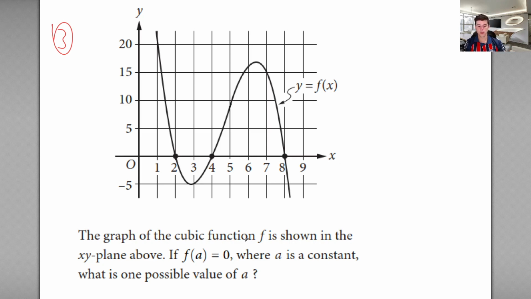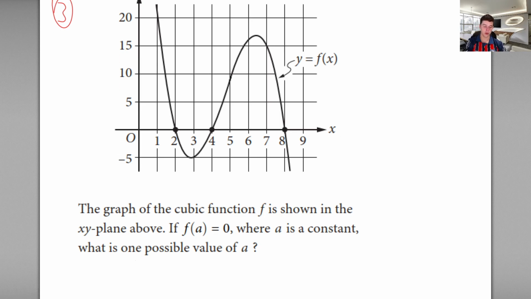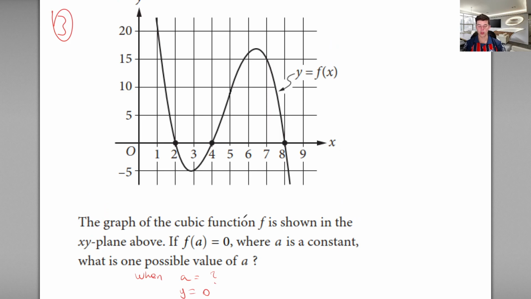So the graph of the cubic function f is shown in the xy plane. If f of a equals 0, so when x equals a, y equals 0, where a is a constant, what is one possible value of a? So when does y equal 0? Right here on this line.